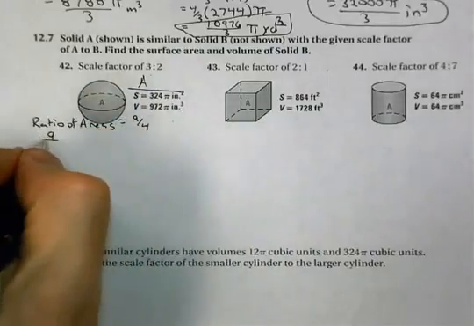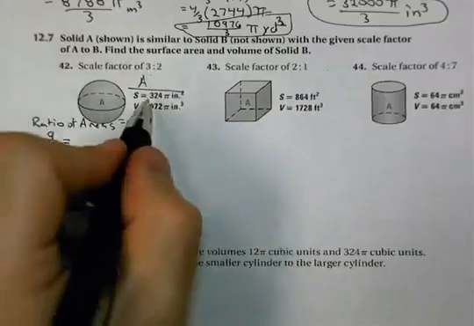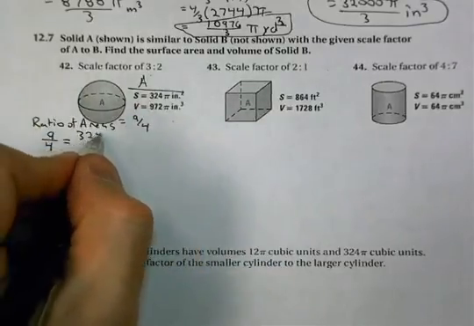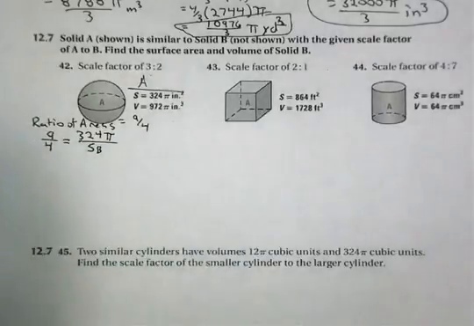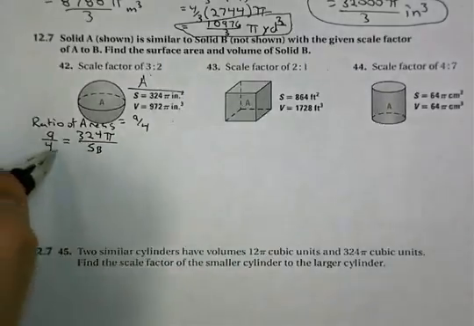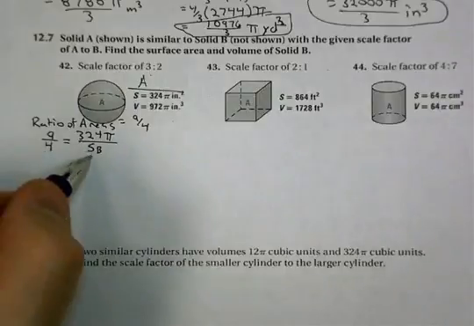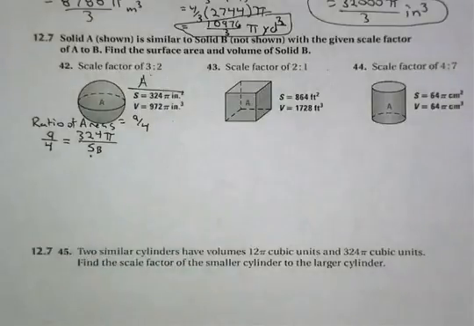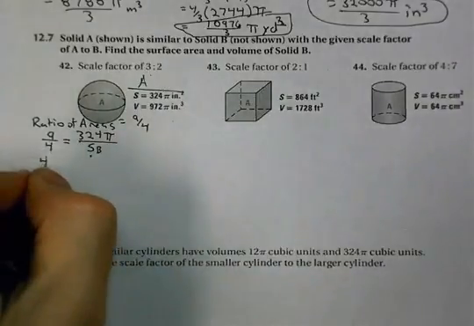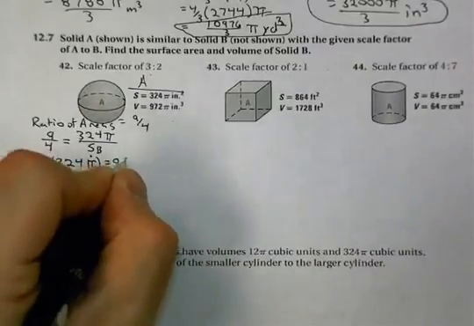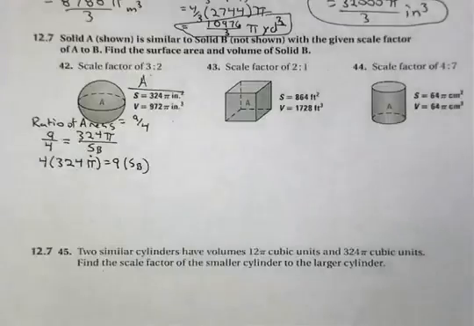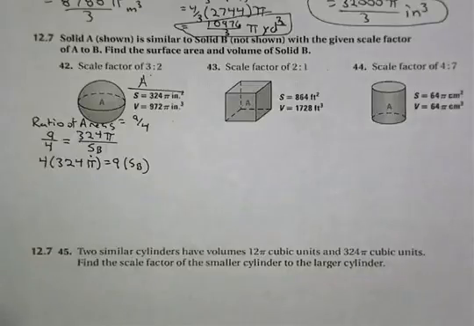I then take that ratio and make a proportion using 324 pi over the surface area of B. So the ratio of the areas, I square from the scale factor. Now that's the proportion to the surface area of B. I then do cross product. 4 times 324 pi equals 9 times the surface area of B. 4 times 324 would give me 1,296.